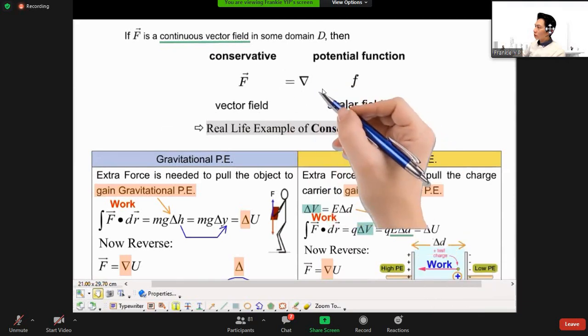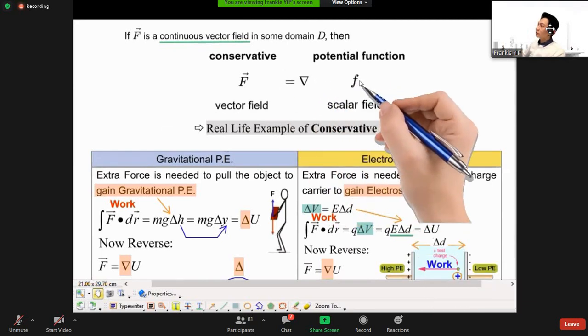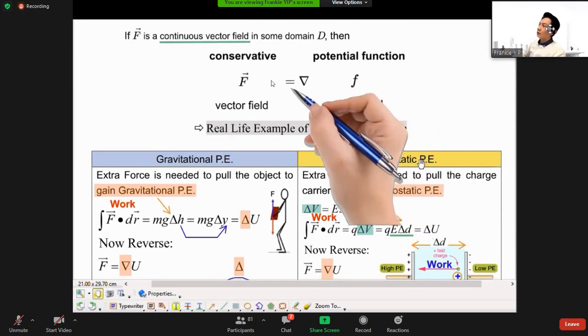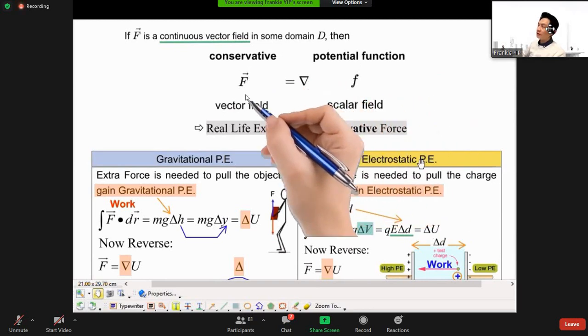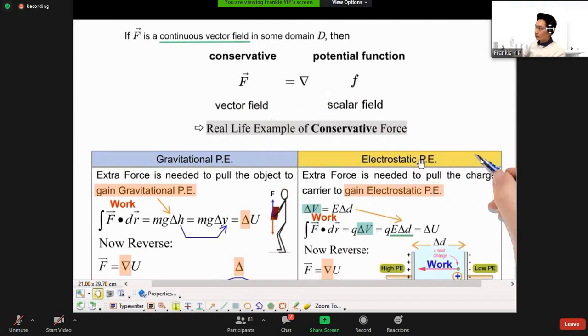Okay, so once again, del the potential function, and we have the conservative field out. Got it?